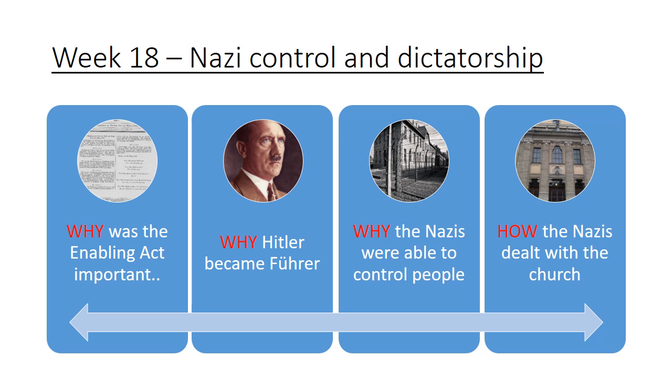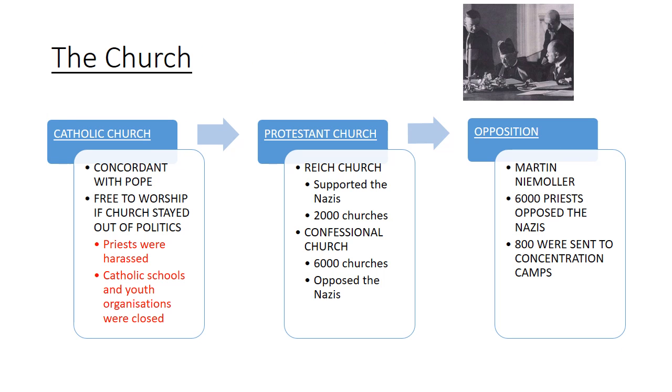Okay, how did he deal with the church? Now, obviously the church was a big threat because people would go to church every Sunday, they'd be listening to the sermon, etc. So Hitler and the Nazis understood the power of the church and they dealt with it accordingly. So first of all, infamously, they went to Rome and there's the Pope there signing an agreement, a concordat with the Nazis, that if the Nazis allowed Catholics to worship freely, that the church would stay out of politics.